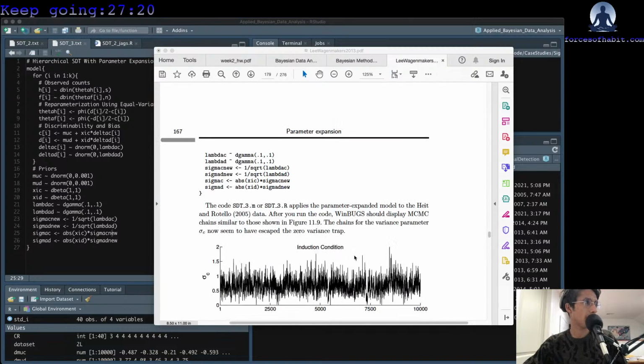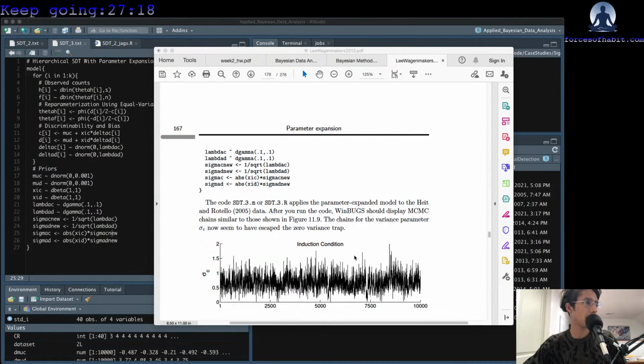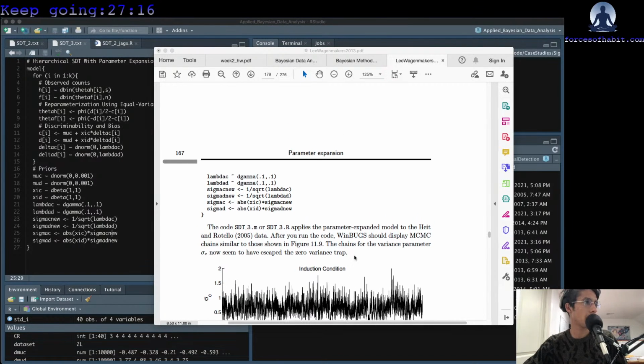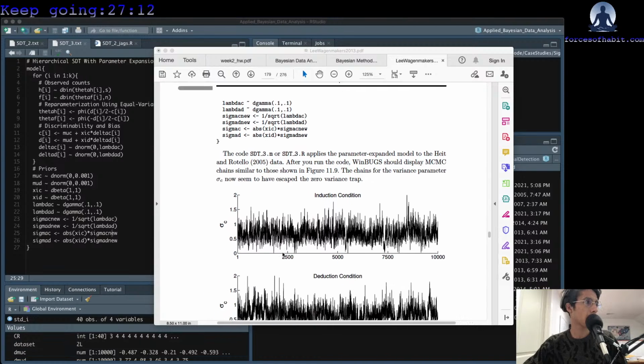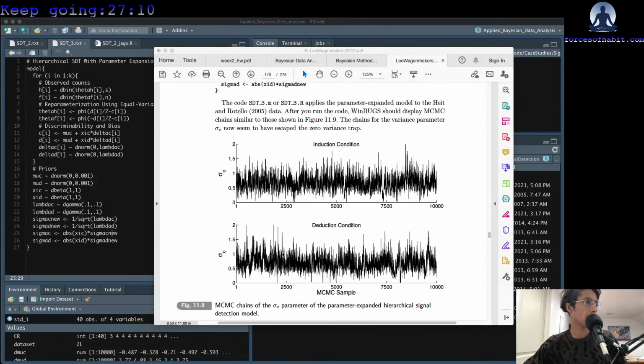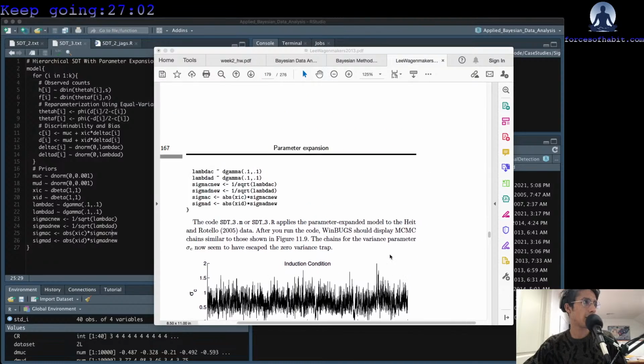Here's the graphical model. And what we would see is that we have less of the variance trap occurring.